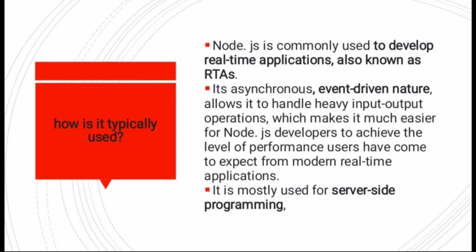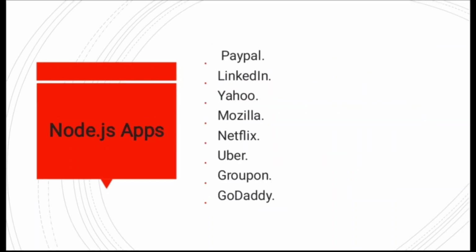Node is commonly used to develop real-time applications, also known as RTAs. Its asynchronous, event-driven nature allows it to handle heavy input or output operations, which makes it much easier for Node. So it is mostly used for server-side programming. These are the Node.js apps: PayPal, LinkedIn, Yahoo, Mozilla, Netflix, Uber, Groupon, and GoDaddy.